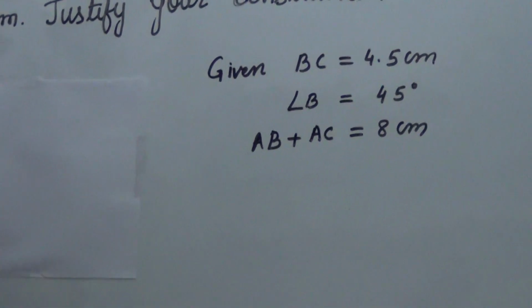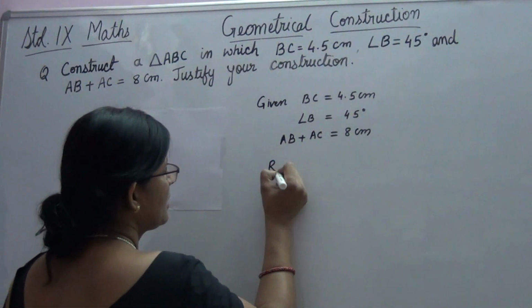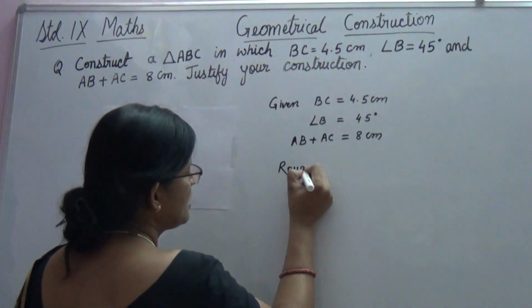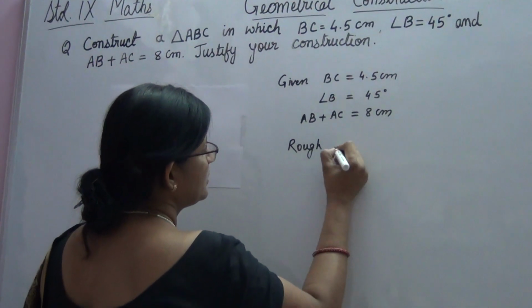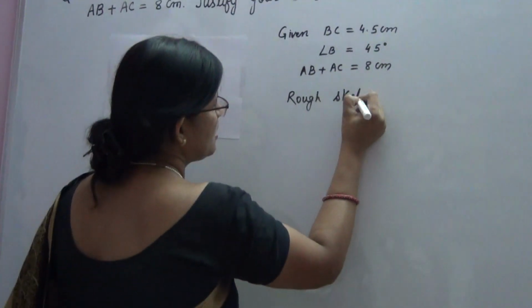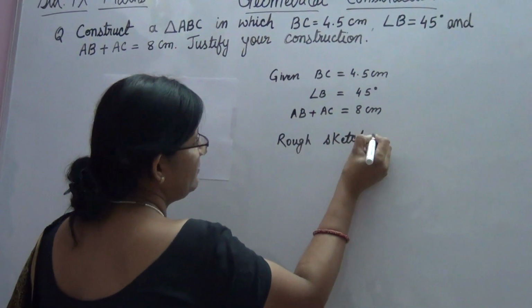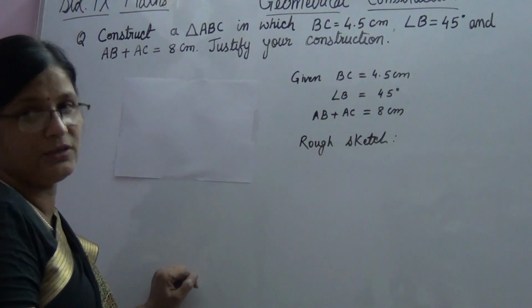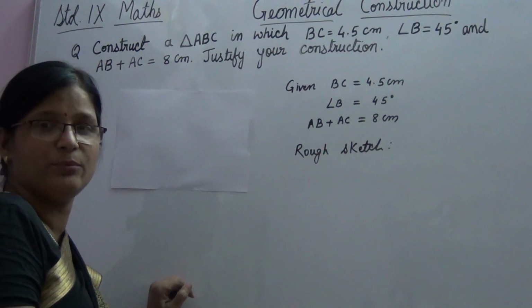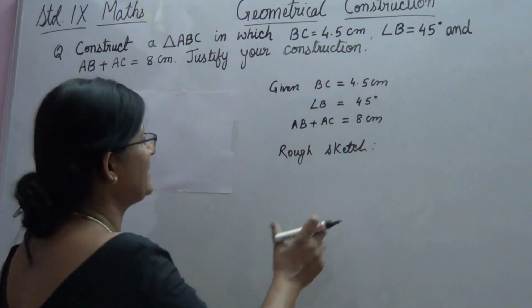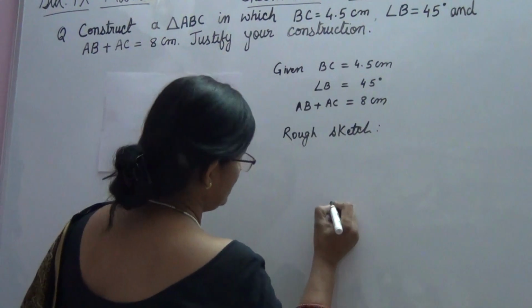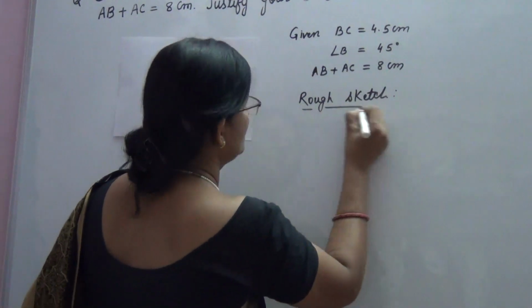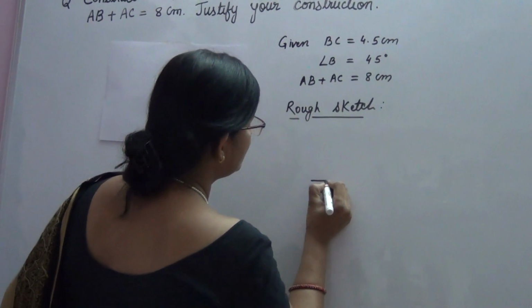Let us draw a rough sketch. Children, while drawing the rough sketch, you will use a pencil, because here on the whiteboard it is not possible for me to use the pencil. I'm just showing you; since it is a rough sketch, I can do this here.